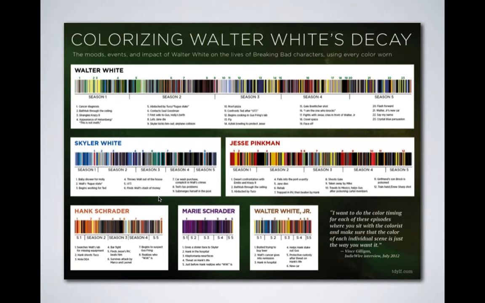But what someone has done is gone through the entire series, season by season, and made note of the colors associated with each character in each episode, and almost in every scene. You can see that breakdown here. The one that I really like to focus on is Jesse Pinkman.